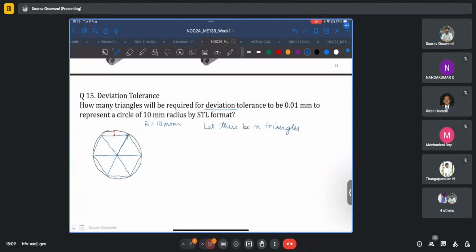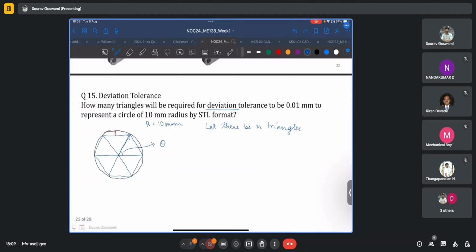Now, for n triangles, if each of these angles is some theta, then this theta is 2 pi by n, because assuming, of course, that all triangles are congruent or identical.